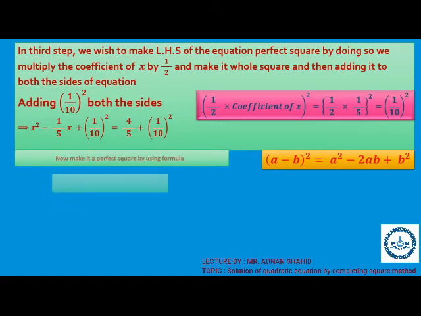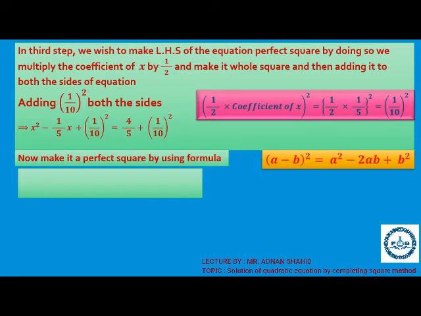Now we make the left hand side a perfect square by using any one of the formulae. Which formulae are used? A minus b whole square is equal to a square minus twice ab plus b square, or depending upon the sign of the middle term, a plus b whole square is equal to a square plus twice ab plus b square. So any one of them is to be used.